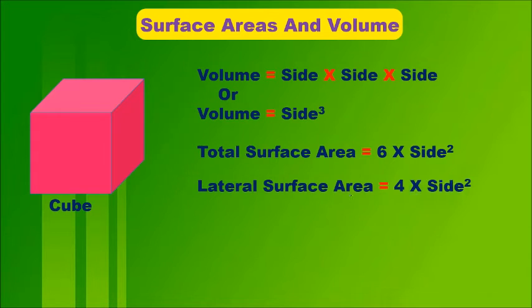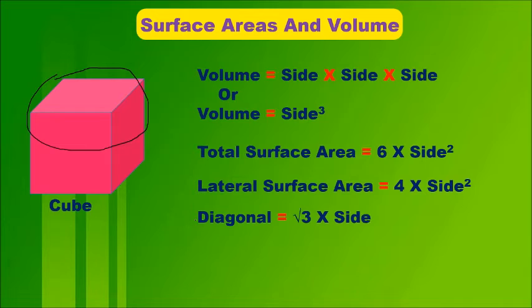Lateral surface area means area of 4 sides, 4 walls we can say. Lateral surface area of cube is equal to 4 into side square. It is also termed as area of 4 walls. Now the diagonal of cube is equal to root 3 into side. It means that it is the product of root 3 and side.